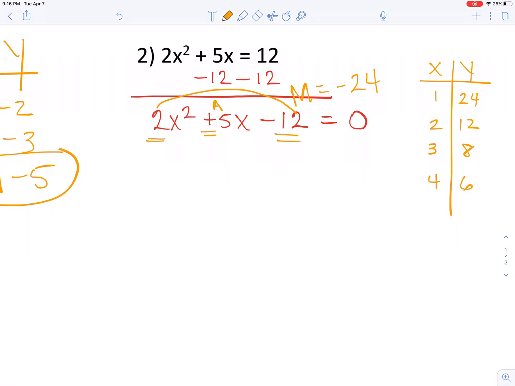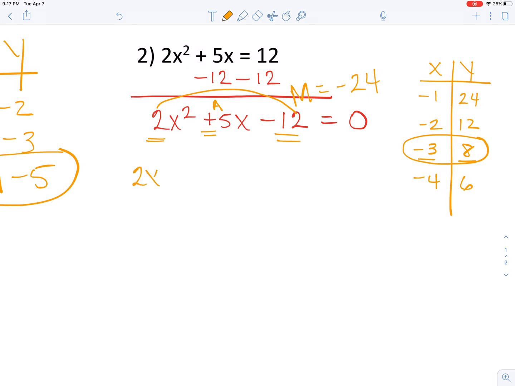I know that they have to add to positive 5, so I know I want my bigger number positive. So I'm going to make all my negatives the smaller numbers. So now looking through, I find my pair that adds to 5. If you accidentally had the 8 negative and the 3 positive, that would add to negative 5 when you checked it. So you would know that that's not the correct two numbers to split the middle with. So negative 3 and positive 8.